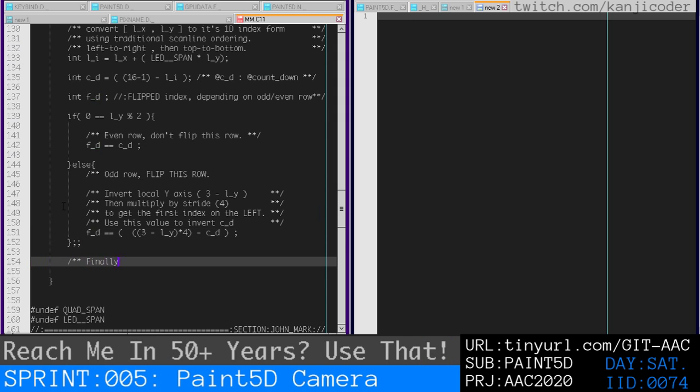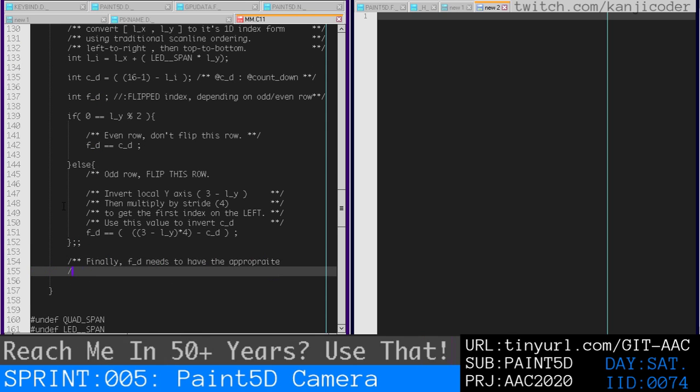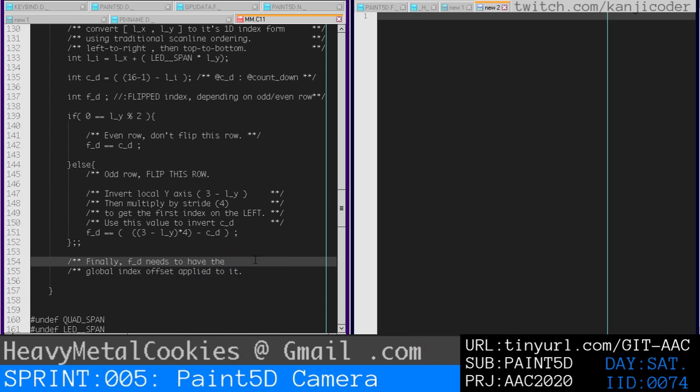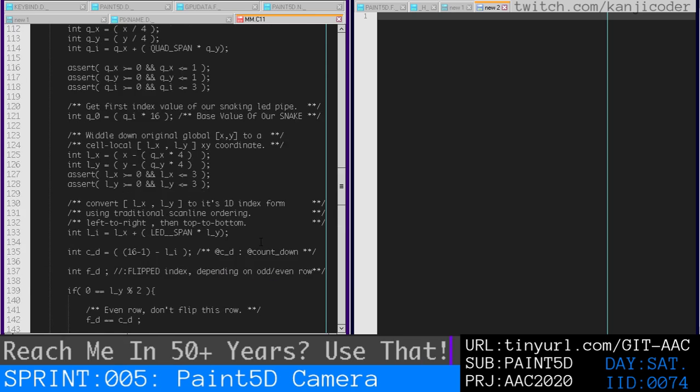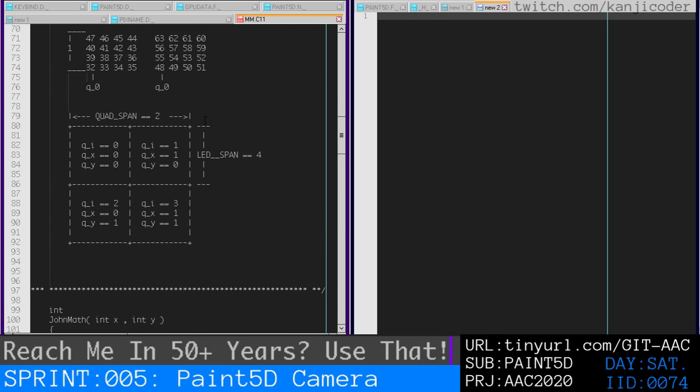Finally, FD needs to have the appropriate global index offset applied to it. And the global index offset is the Q0, I believe. This Q0? Yeah.